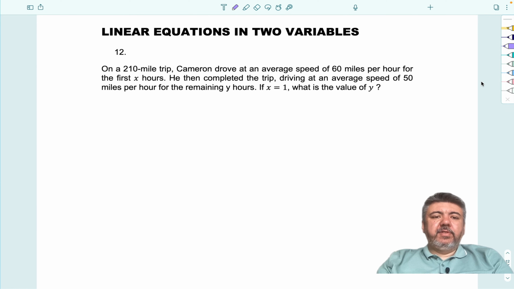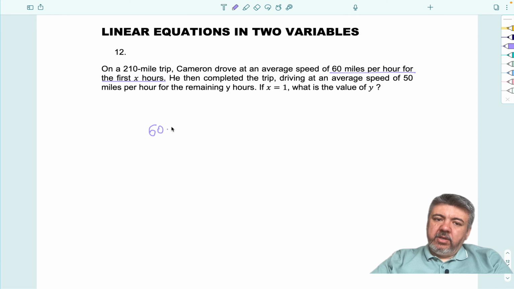On a 210-mile trip, Cameron drove at an average speed of 60 miles per hour for the first x hours. So it's speed times the duration, plus, then he completed the trip driving at an average speed of 50 miles per hour for the remaining y hours.